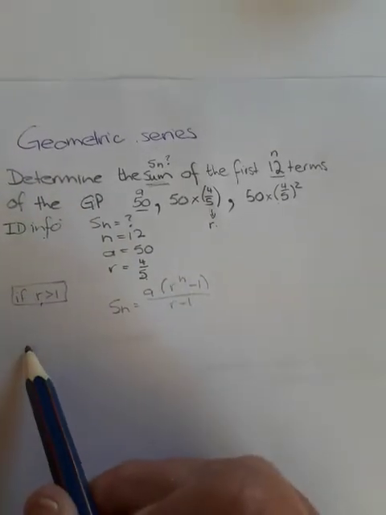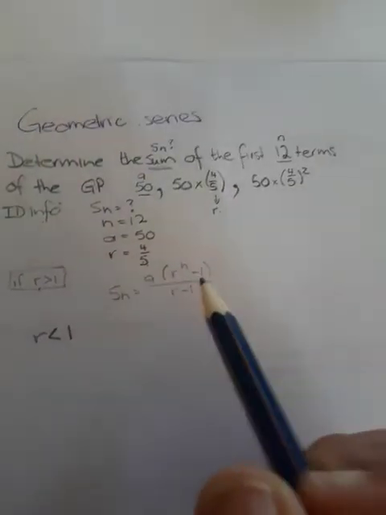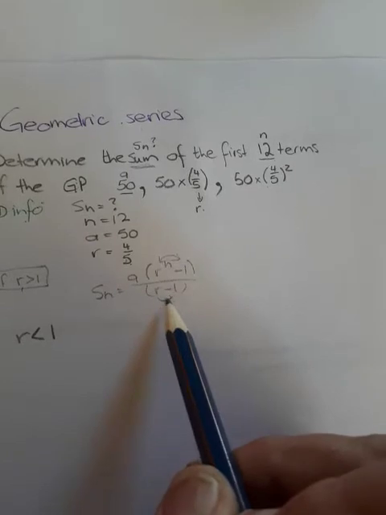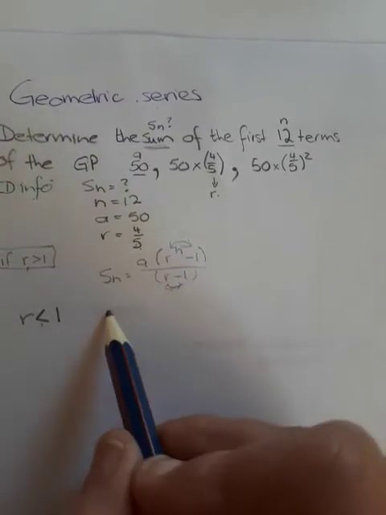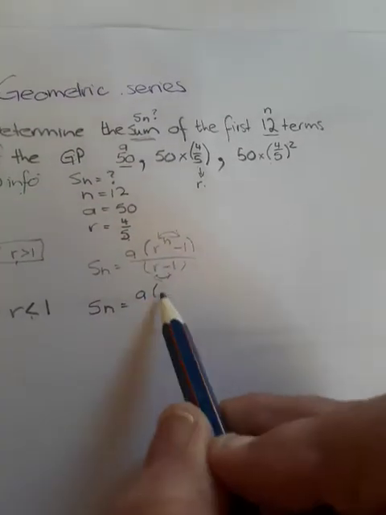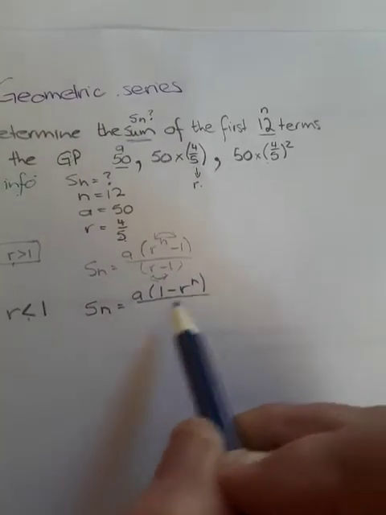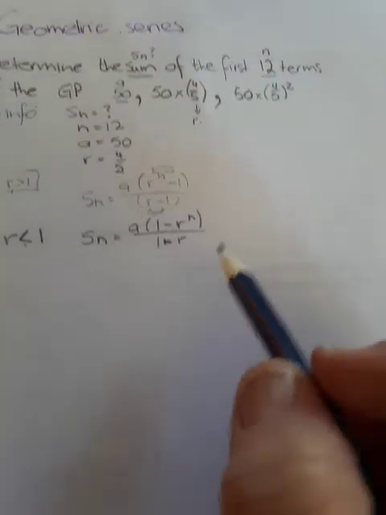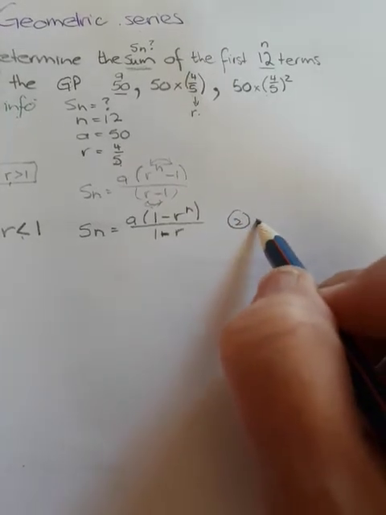Now remember, in this case, the ratio is less than 1. So now you only needed to remember that we are going to swap the terms inside the brackets for r being less than 1. So the correct formula to use is a 1 minus r to the power of n over 1 minus r. Right, then that is now having chosen the formula, now the correct formula.